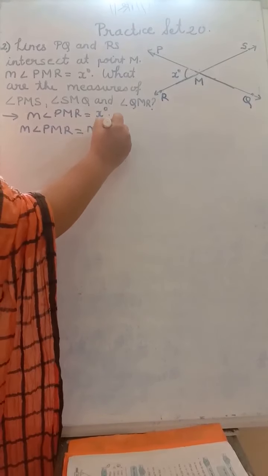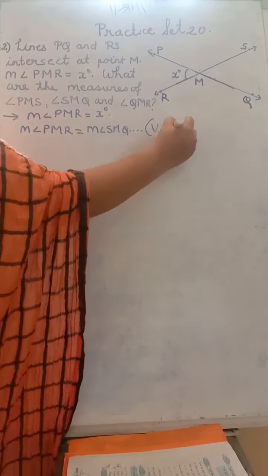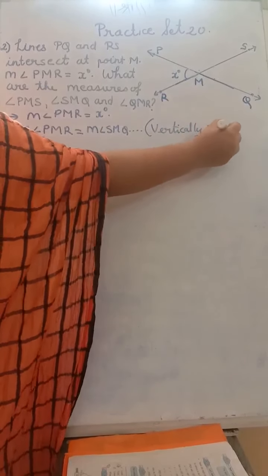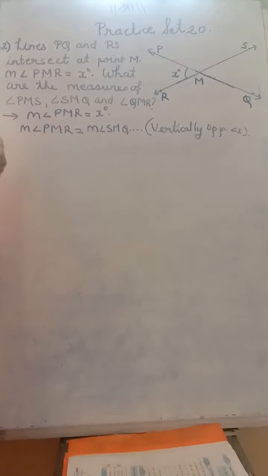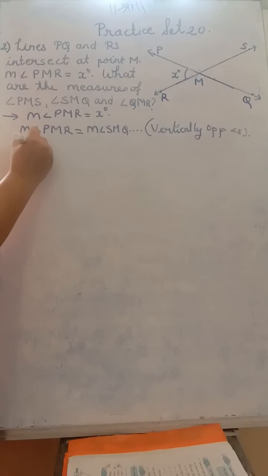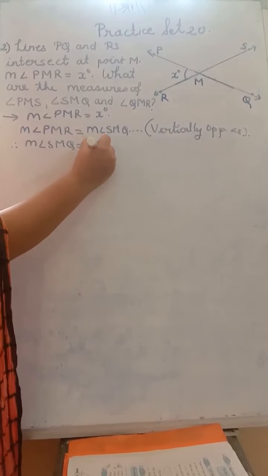Measure angle SMQ. And what is the reason? Vertically opposite angles. Okay. Now, if both are equal, then their measurement is also equal. Therefore, measure angle SMQ is equals to x degree.